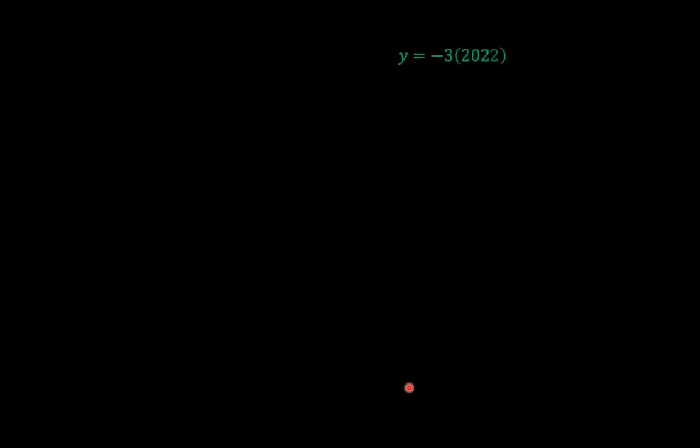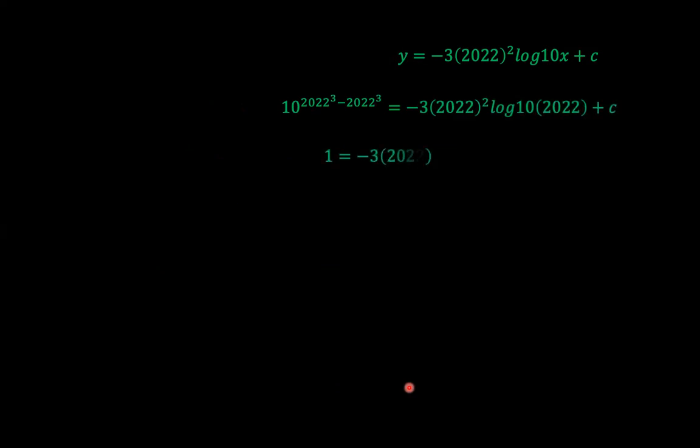And so the value of c is as simple as 1 plus 3 times 2022 squared log 10 times 2022. So that is c, right?